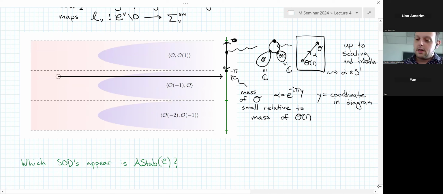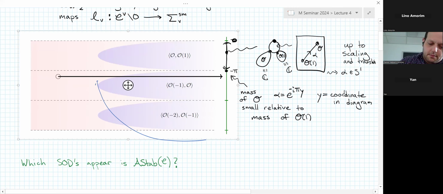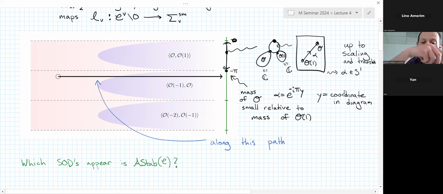Right. So I just wanted to explain this a little bit more, how you actually see it. If you have a path that's going like this, what's happening along this black path inside the stability manifold is that you start in the red region, which corresponds to slope stability, and then you cross into one of these chambers where the only stable objects are O and O(-1), the way I've drawn it.